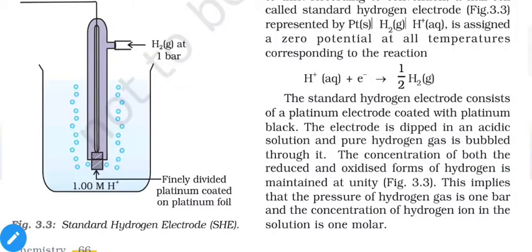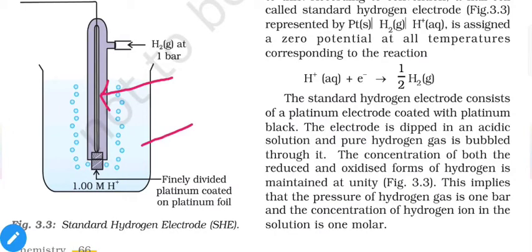The standard hydrogen electrode consists of a platinum electrode coated with platinum black. So here we have the platinum electrode at the center, coated with platinum black, again a type of platinum compound which does not participate in the reaction. The electrode is dipped in an acidic solution and pure hydrogen gas is bubbled through it.